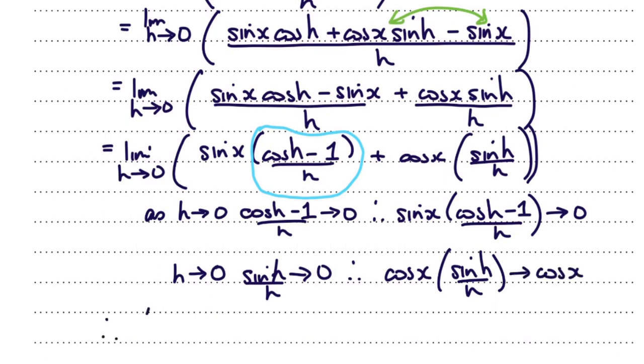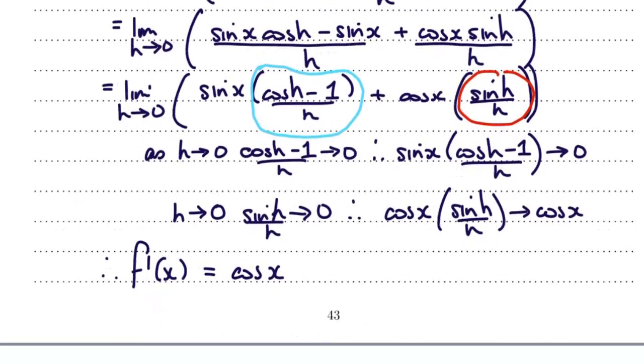So therefore, f dash of x equals cos x. And that's your proof. That's really important. So that's what you're trying to do. You're trying to embed the two things that you were given.